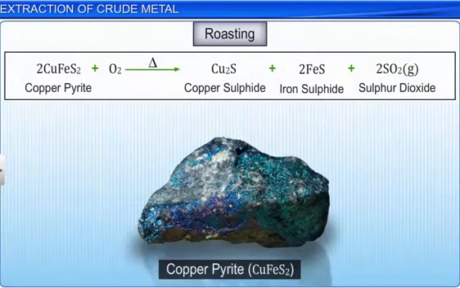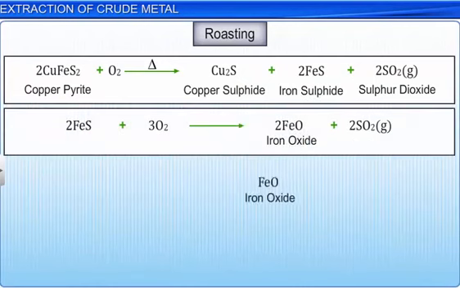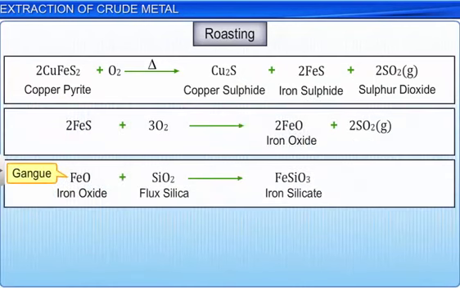When sulfide ores of copper, like copper pyrites, are subjected to roasting, copper is produced in the form of copper matte, which contains copper sulfide and iron sulfide. The iron oxide present as an impurity in the form of gangue is removed by adding flux silica.